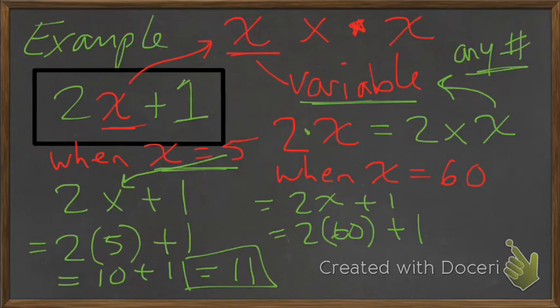And this means 2 multiplied by 60, which equals 120 plus 1, which gives us an answer of 121. So this might seem like a lot now, but the more you do it, the easier it becomes. You just have to remember that this x value can be any number we want it to be.